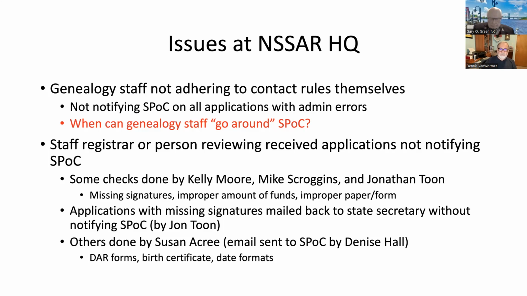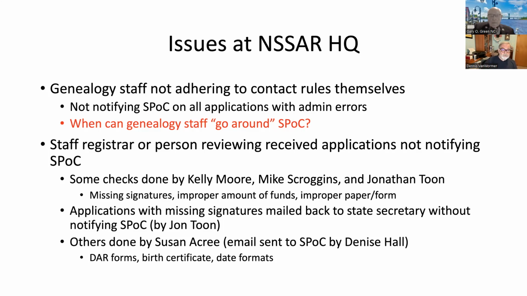We'll talk about that a little bit more. And at times I question when can or should the genealogy staff go around the SPoC, if ever. On the other hand, in attempting to understand what the process is for reviewing admin errors, Gary again checked with the staff and came back with this 3-item list.